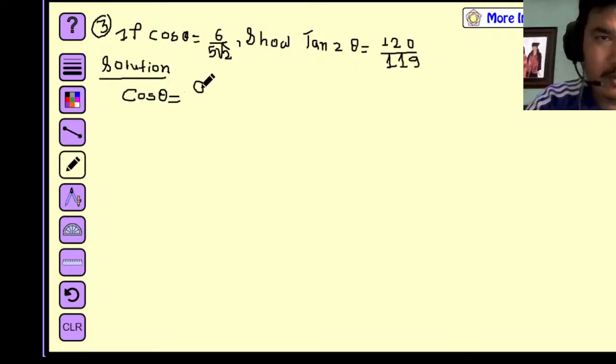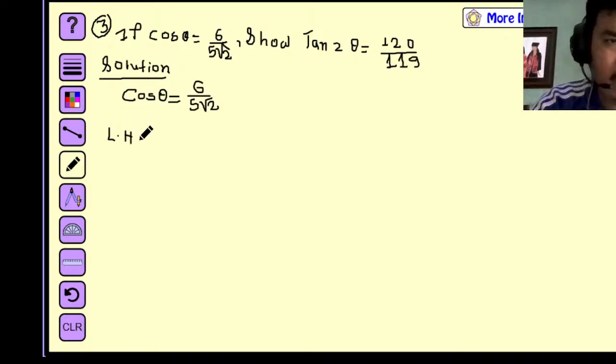There is given 6 by 5 square root 2. Okay, and here the left hand side, that we have to show, so left hand side equals tan 2 theta.